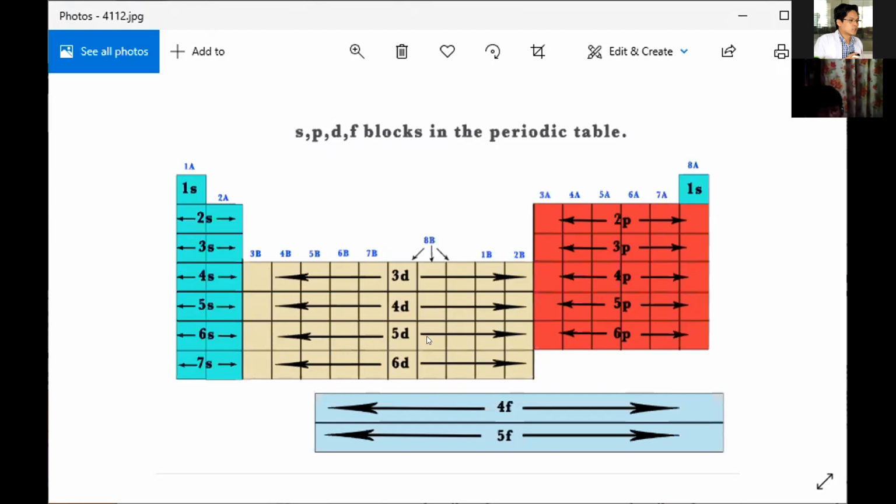We will be focusing on the representative elements, 1A, 2A, 3A, 4A, 5A, 6A, 7A, and 8A. This is for electron configuration only, because the transition elements need another formula in getting their electron configuration. Okay, let's move forward.